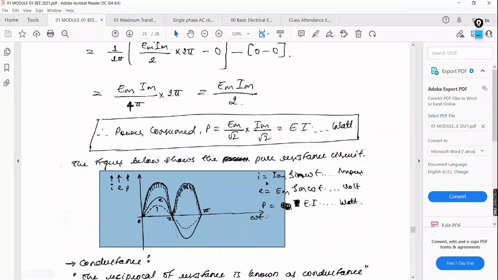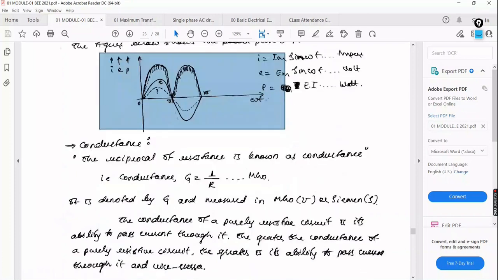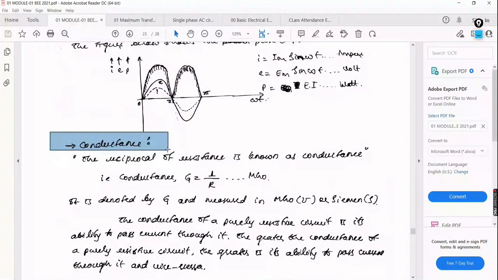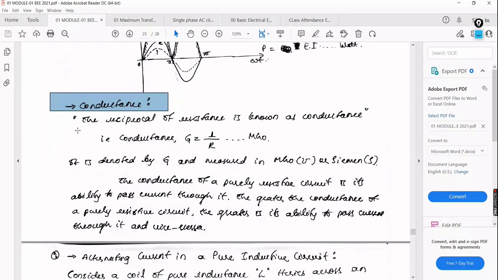Next, with respect to conductance. What is conductance? It is the property of the conducting material by which it allows the flow of electricity through it. It affects the conductivity. It can be defined as the reciprocal of resistance, which is called conductance, represented by capital G, which is equal to 1 by R. The unit is mho, or it can also be measured in Siemens. In the first class I have discussed this.